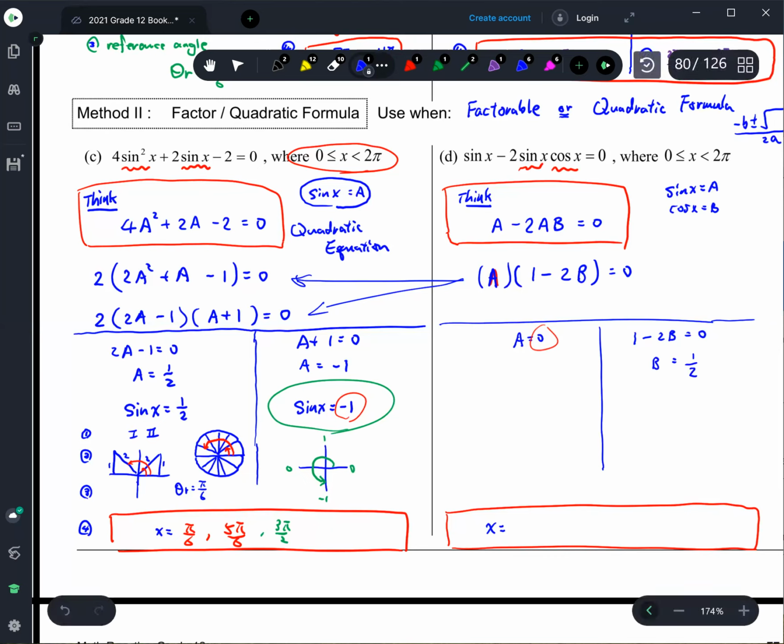So on the left side, you have sine x equal to 0. On the right side, you have cosine x equal to half, okay? And then you carry out the 4 steps. For sine x equal to 0, it's a special place on the axis.